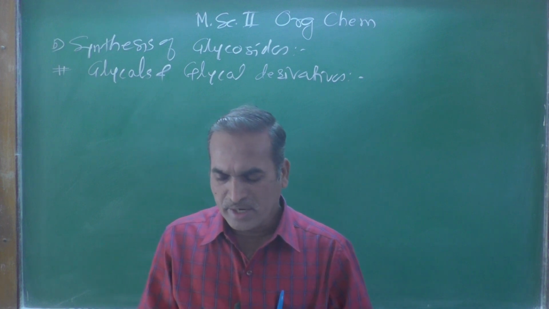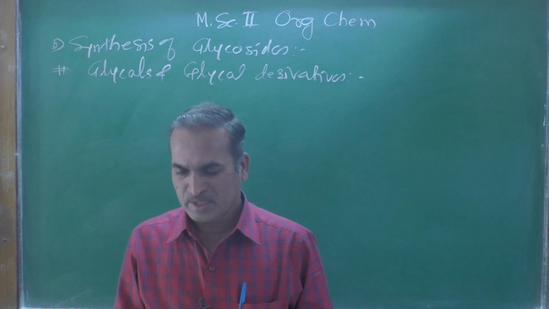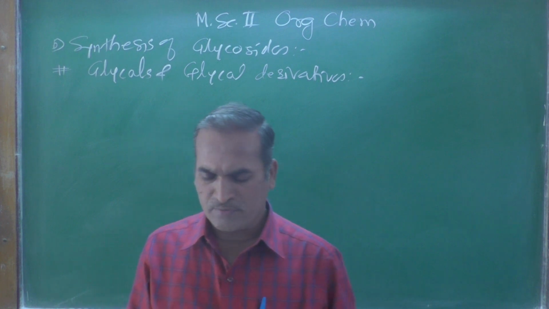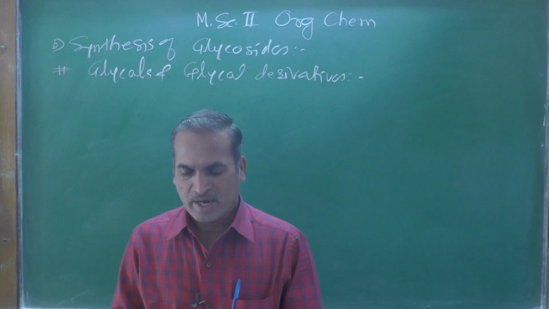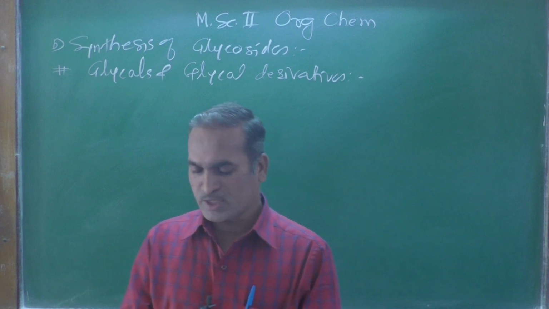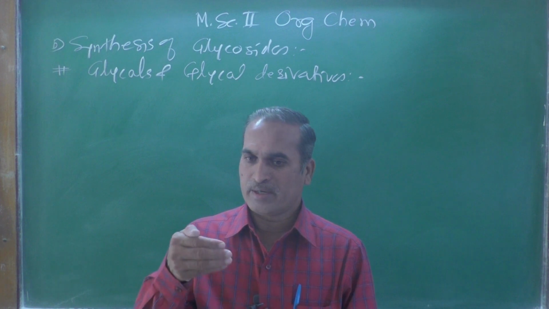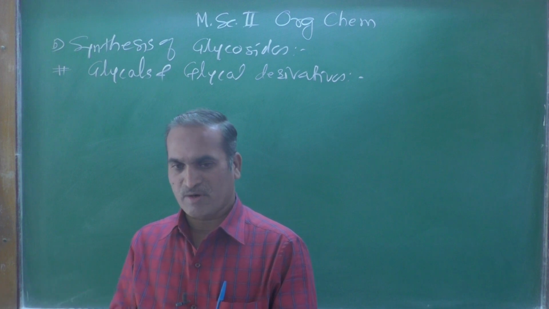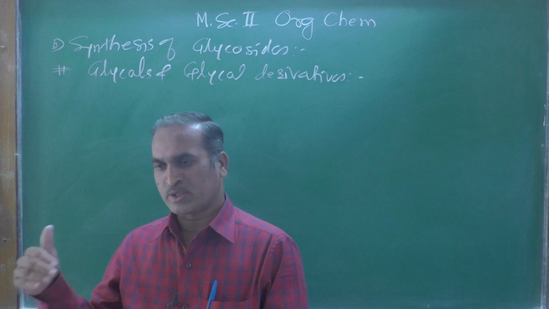Here, iterative assembly of glycals and glycal derivatives, the synthesis of glycosylated natural products and complex oligosaccharides. And as we know, at the beginning, while studying carbohydrates, we learned that carbohydrates are mainly classified into 3 subtypes.